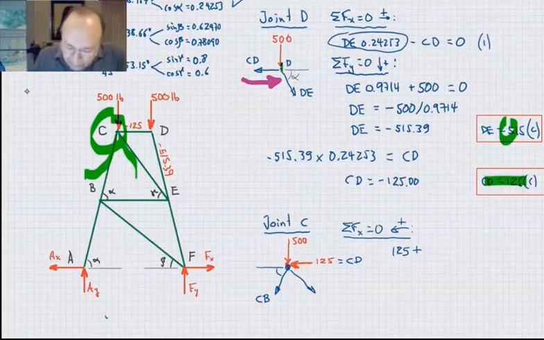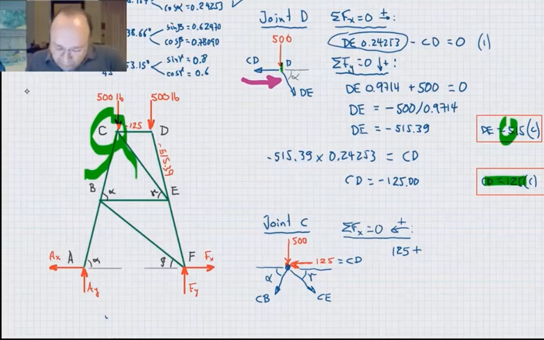Bar CE goes in that direction, is an unknown, so I put it going away from the joint in tension. I assume it is in tension. And now what will be this angle? If somebody can tell me. Well, I'm going to tell you. This is gamma, right? And this is also alpha.